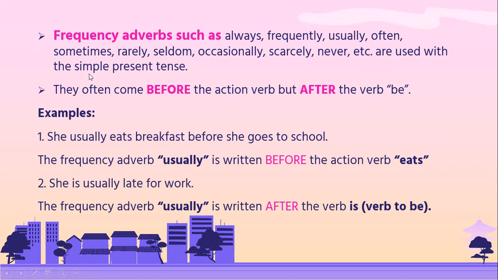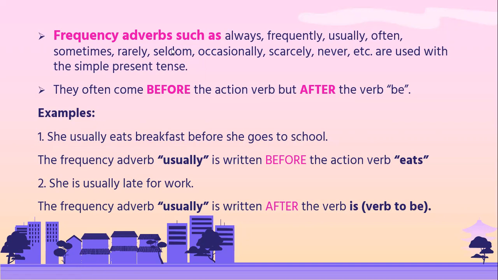They are used with the simple present tense, and we had an example before in a sentence where we had usually. Also, they often come before the action verb, but after the verb to be. So for example, if I want to say, she usually eats breakfast before she goes to school.